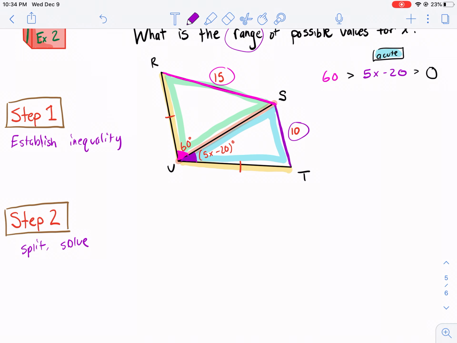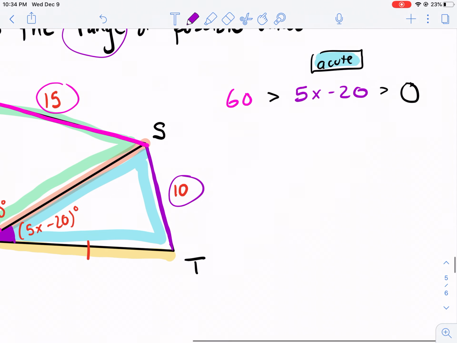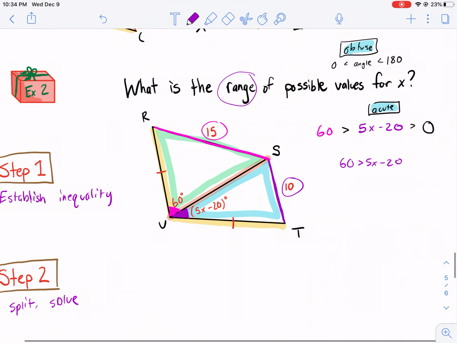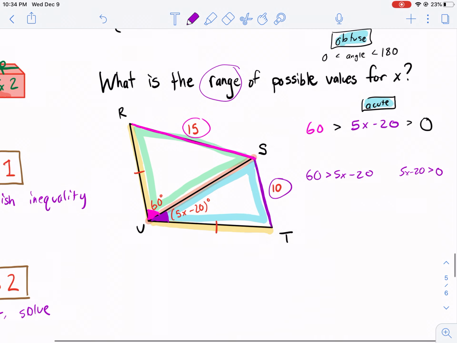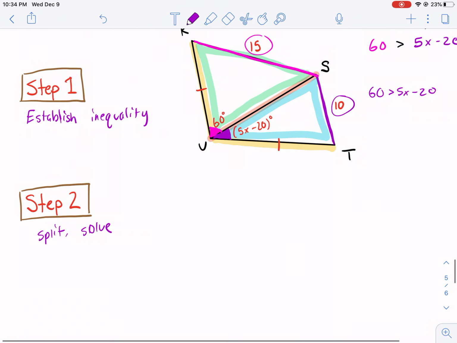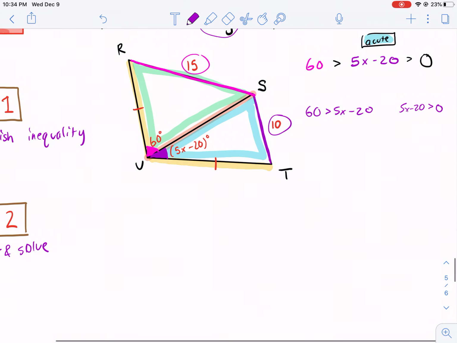Well, we split it into 60 is greater than 5x minus 20, but then we're also going to have 5x minus 20 is bigger than 0. Okay, so see how we have split, and now we're going to solve. Split and solve.